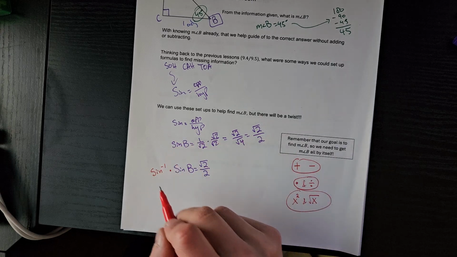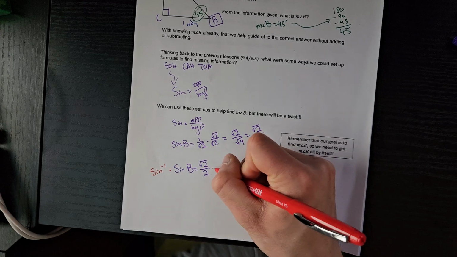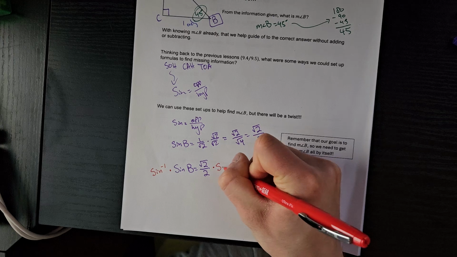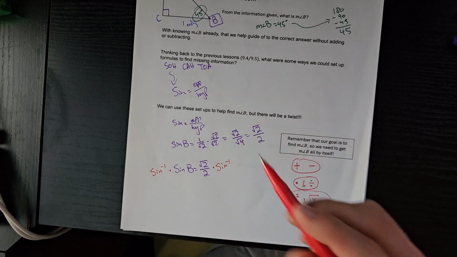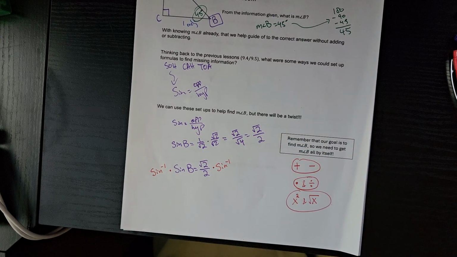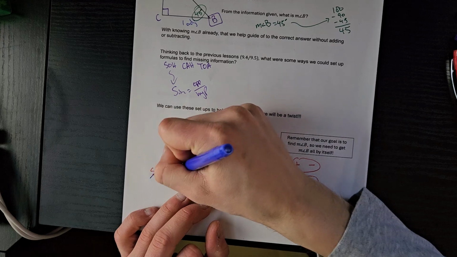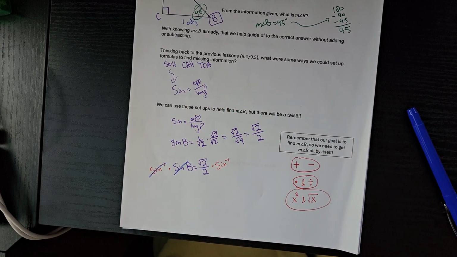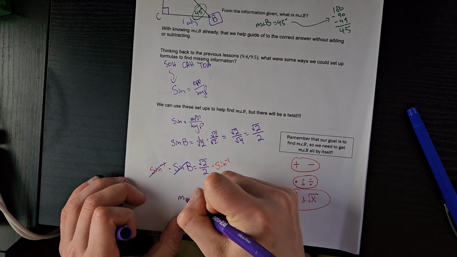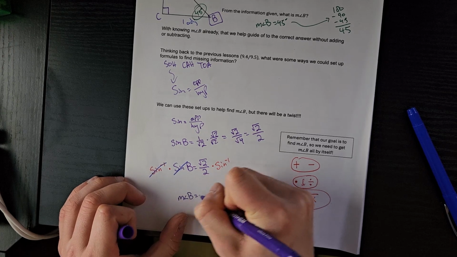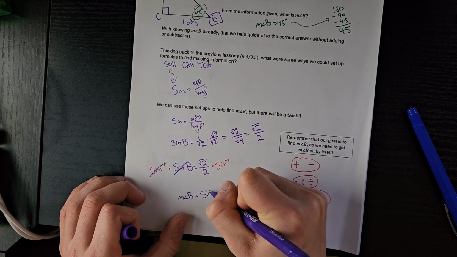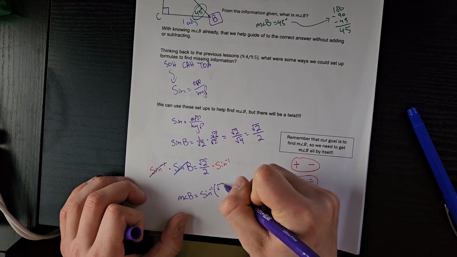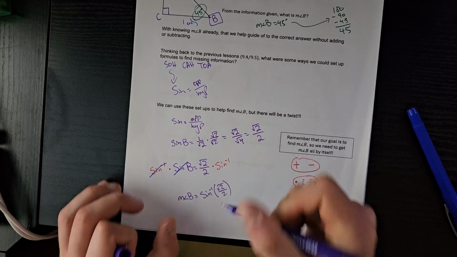And since I'm multiplying on one side, I have to keep it consistent and multiply on the other side. So sine of -1, and then these two will cancel out, leaving us just this measurement of b, and that will be equal to the sine inverse of square root of 2 over 2.